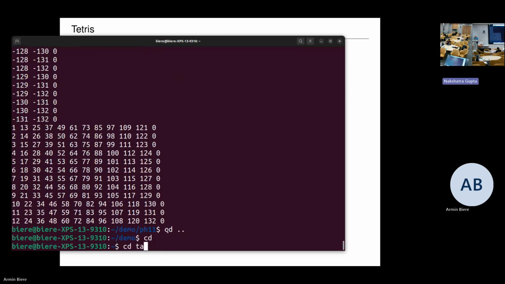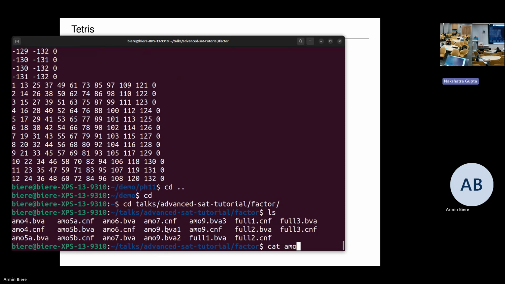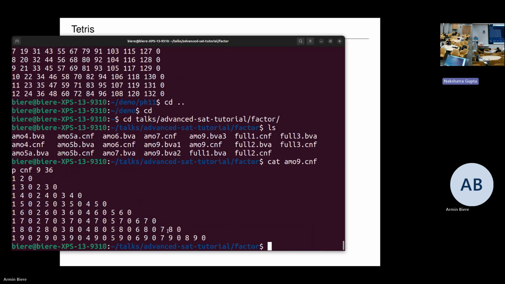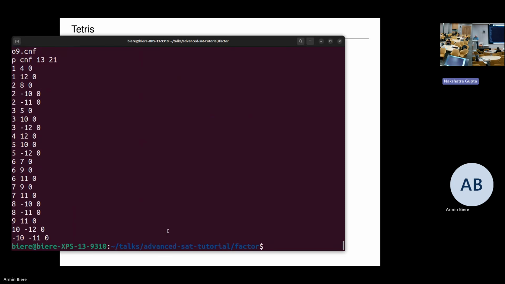I need to go to my talks, advanced talk factor, and there's this AMO 9 CNF, right? This is the one we had here on the slide, and now if I do only KeySAT as a preprocessor of this AMO 9, I get exactly the same numbers we had there before.